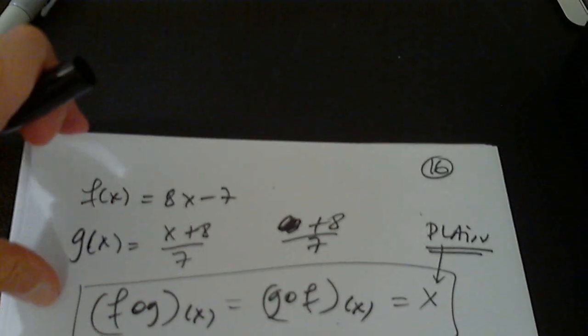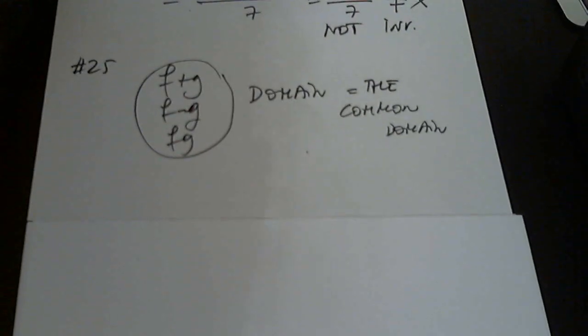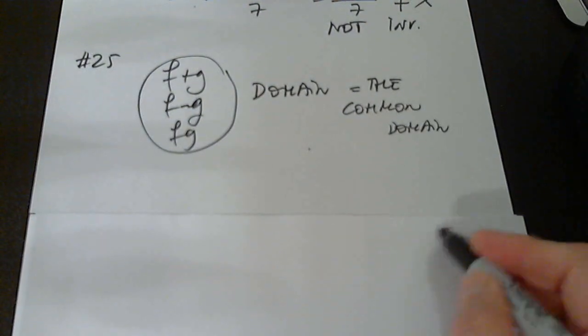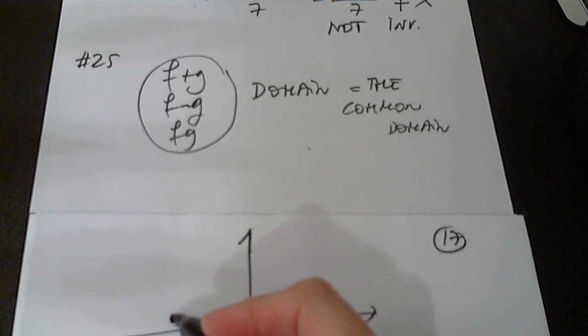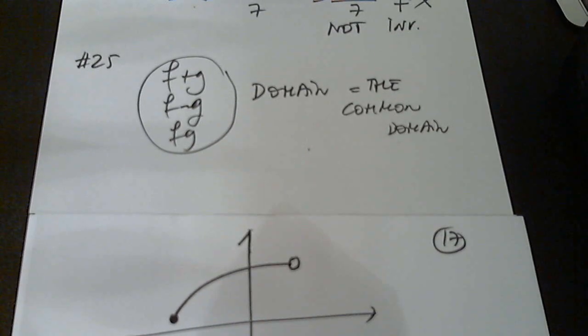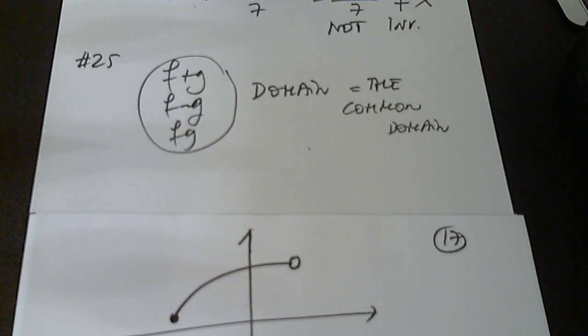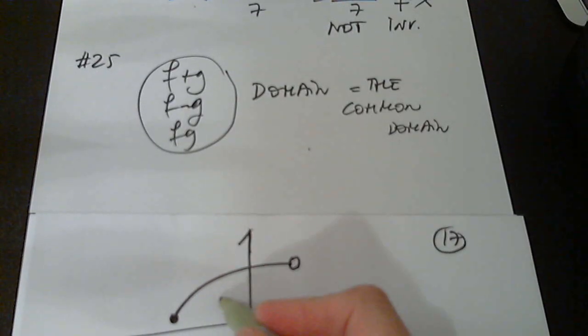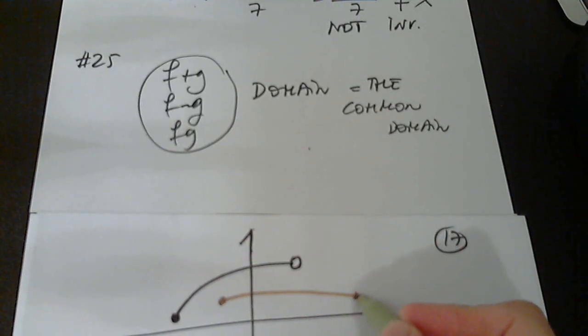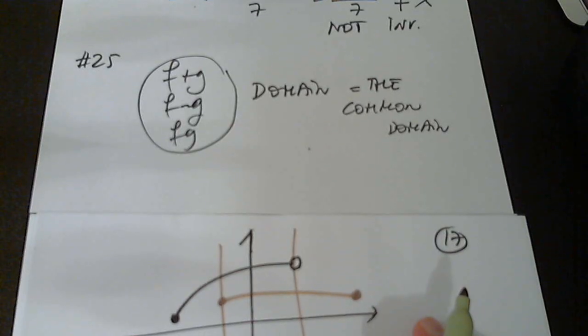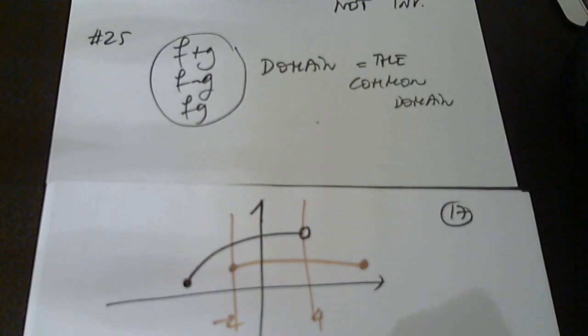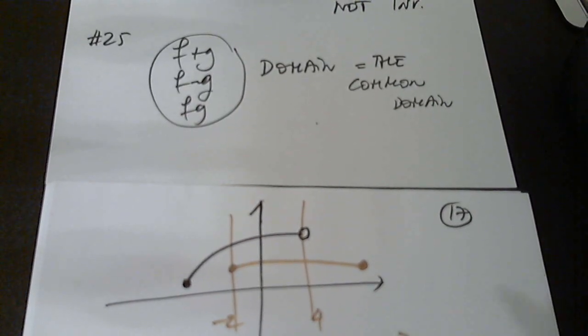Meaning, if I have a function that is this, and I have a function that is this, this is the common domain, where they both exist at the same time. I'm just going to put some numbers in, -2 to 4. So the common domain is -2 to 4.